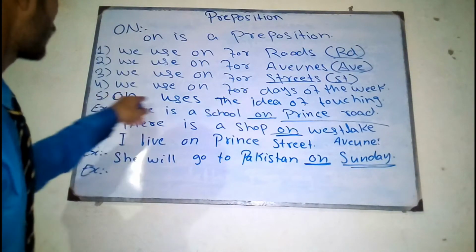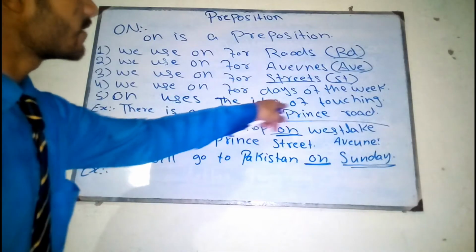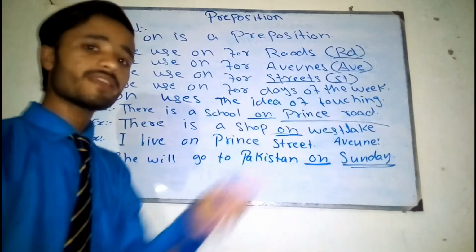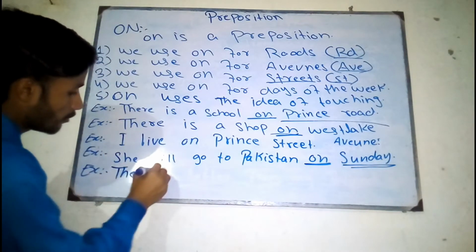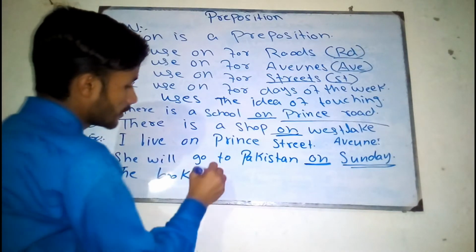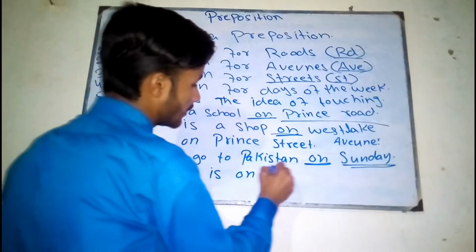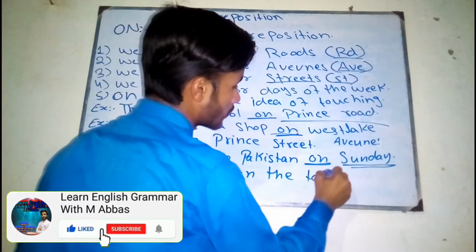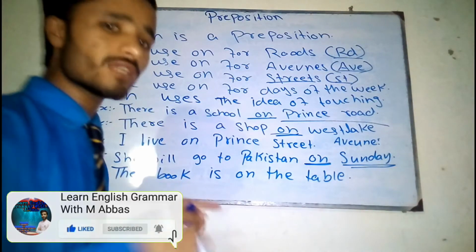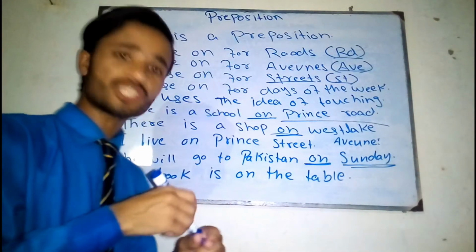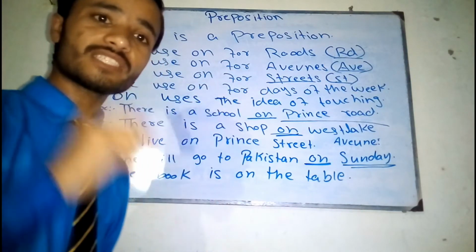See the last one. The last one says that "on" shows the idea of touching. Idea of touching, how? See, the book is on the table. What does it mean? It means that the book is touching the table.